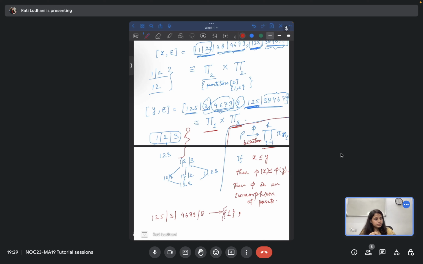So 1, oh, I should not write this pair. From pi 1 you take singleton 1, and from the other side, as you can see, this has been partitioned in 3. So what should you take? You should take this. This representation itself is a partition, so that's why I'm not using curly braces.